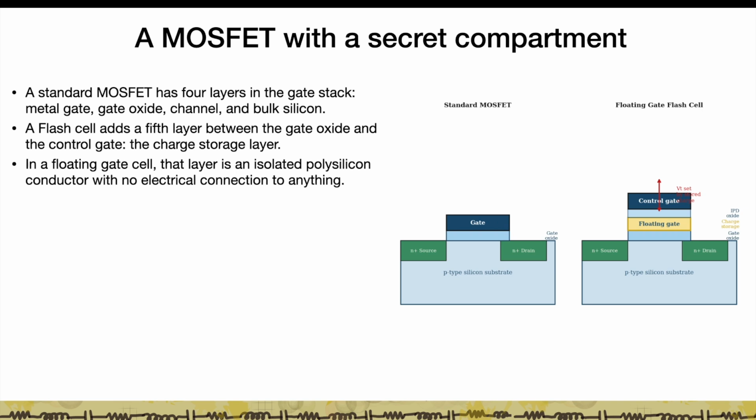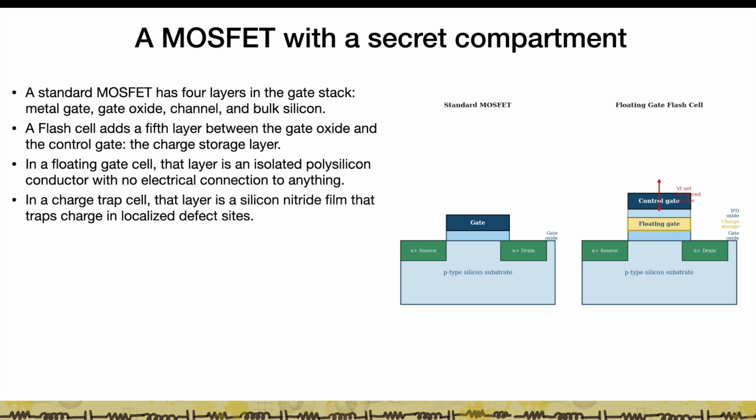The right panel shows the floating gate flash cell. It's the same structure with one addition: the gold layer between the gate oxide and the control gate. That's the floating gate, an isolated polysilicon conductor with no electrical connection to any terminal. Nothing can reach it directly.